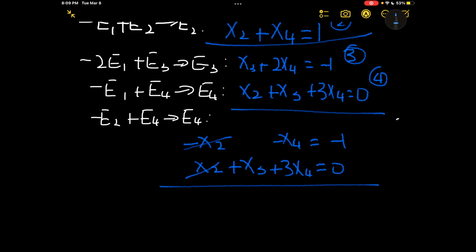What we get is x2 cancels out, x3 alone, 3 minus 1 is 2x4, equals negative 1. That's what we have.